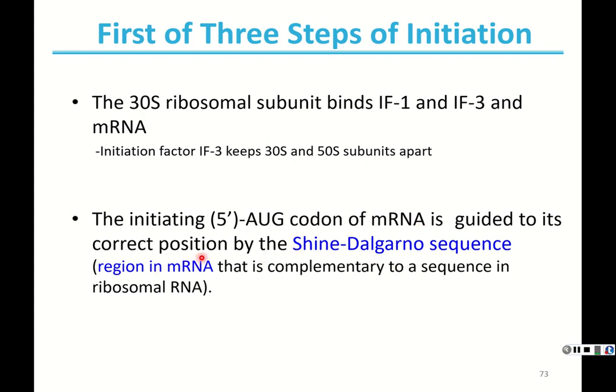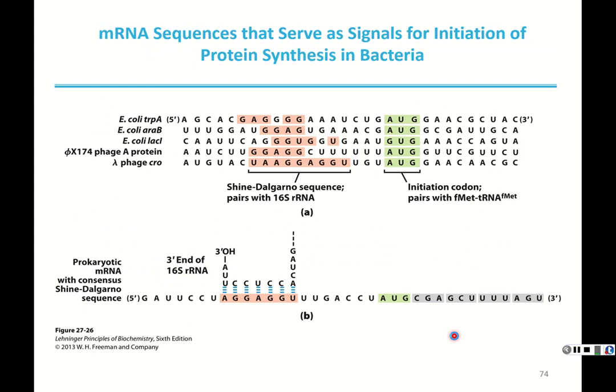It's the region in the messenger RNA that's complementary to the sequence in the ribosomal RNA, so that's what allows it to line up correctly. Some examples of Shine-Dalgarno sequences are shown here, and they're rather close to the start codon.